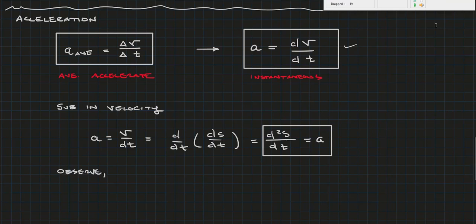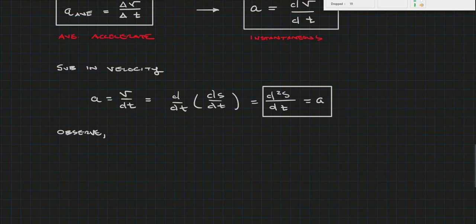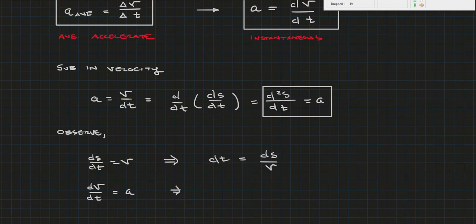Observe, if we play around with our equations a little bit, we start with ds dt equals velocity. We can use some algebra and move these terms around: dt equals ds over v. Then we know that dv dt equals acceleration, so solving in terms of dt again, we get dt equals dv over a.